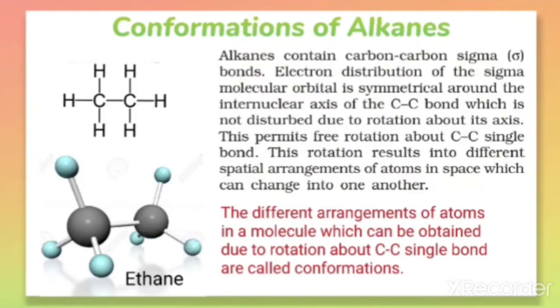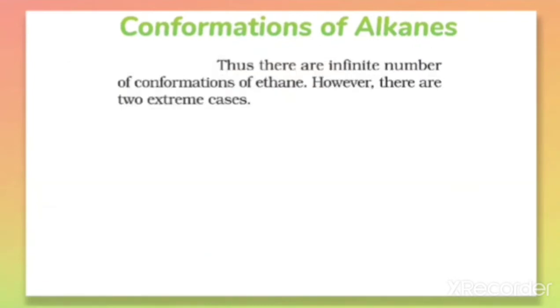So there are an infinite number of conformations of ethane possible when we rotate one of the carbon atoms about the C-C single bond. These are called conformations, and the isomers are called conformers or conformational isomers.